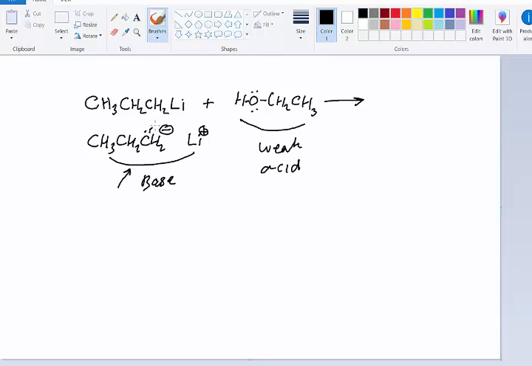The propyl carbanion will pick up the H+ from the alcohol. There's the transfer of hydrogen ion from the alcohol to the carbanion, and we'll just simply write the result of that. CH3, CH2, CH3.